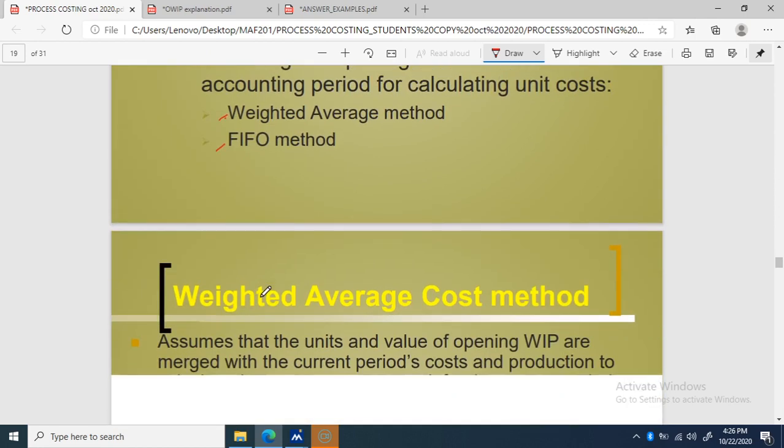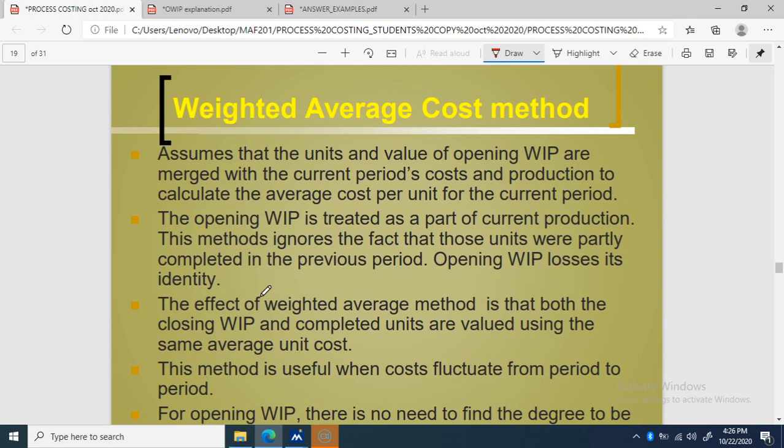So what is the weighted average method? The weighted average method assumes that the units and value of OWIP are merged with the current period cost and production to calculate the average cost per unit for the current period.